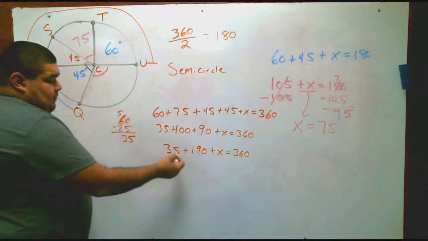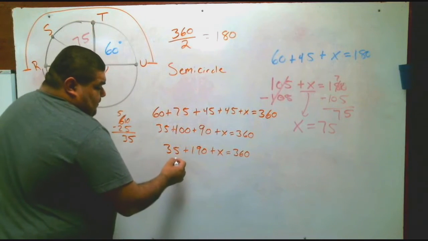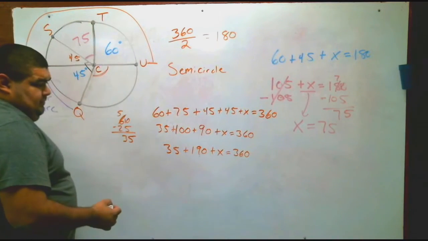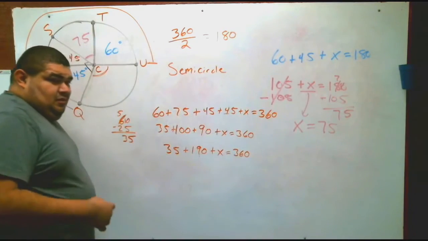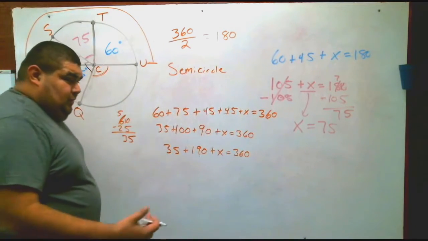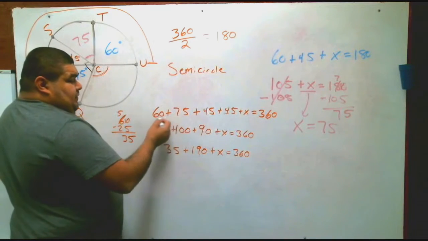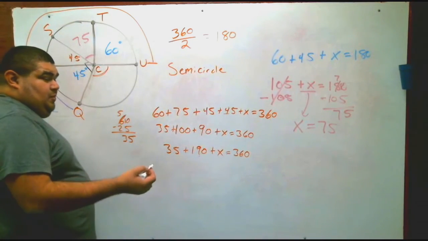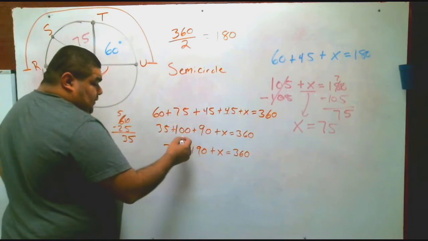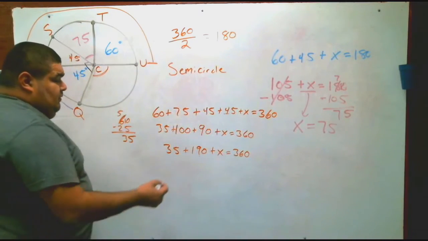In order to not deal with that 35, we can add it to the 190, okay? If you're more comfortable adding all these numbers from the beginning, if it makes it easier for you, go ahead and do it. If you're not familiar with numbers that have 5s in there, that are not whole numbers, you can always make them full numbers.